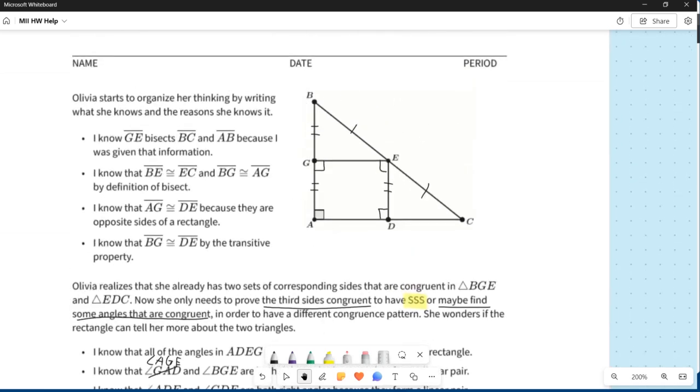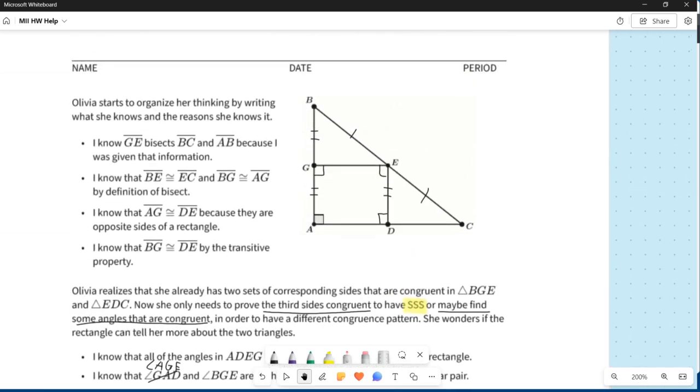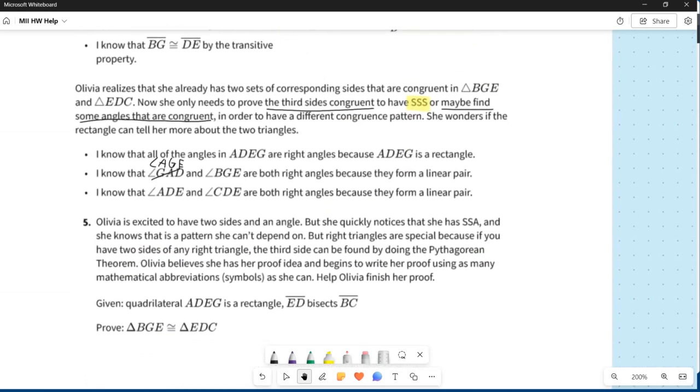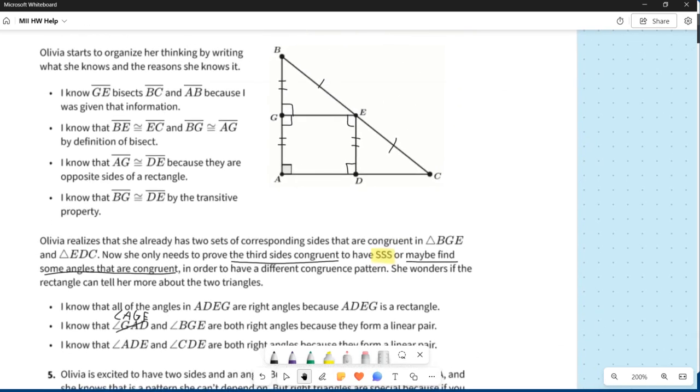So AGE we've already indicated, and BGE is right here. So that is also a right angle. Olivia also knows that angle ADE and angle CDE are both right angles because they form a linear pair. So ADE we've already indicated, and CDE is that angle right there. That's also a right angle.